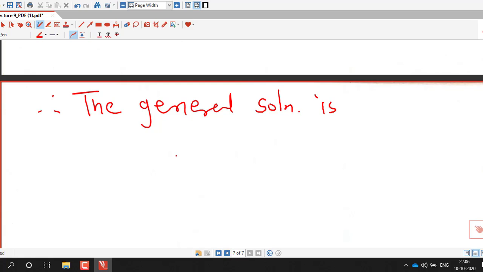And finally, the general solution or integral is phi of the arbitrary functions u and v equal to 0.